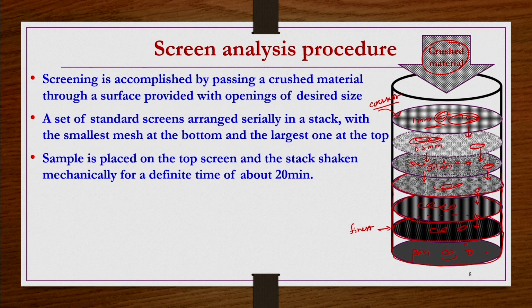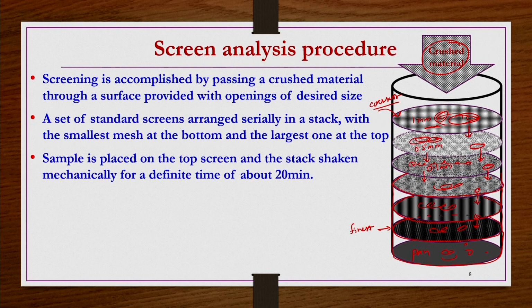Now, the material that is passing through is known as the undersized material, and the material that is retained on a screen is known as the oversized material. In this screen arrangement, each screen is given a title as a screen increment. On each screen increment we get some amount of material, which may be 0 in some cases, and then we tabulate it.